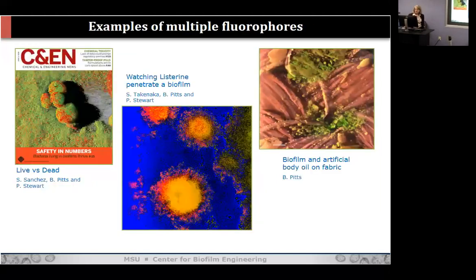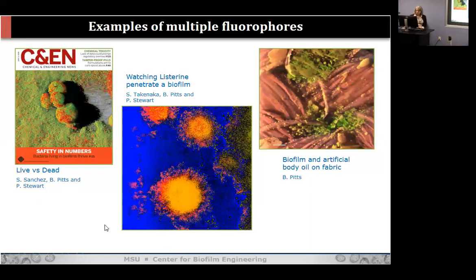And here are some examples of images we've taken on our confocals using multiple fluorophores. The one on the left, we've used red and green dyes to give us an idea of what bacteria in this biofilm are live versus dead. In the middle, we're using the absence of stain to tell us something.